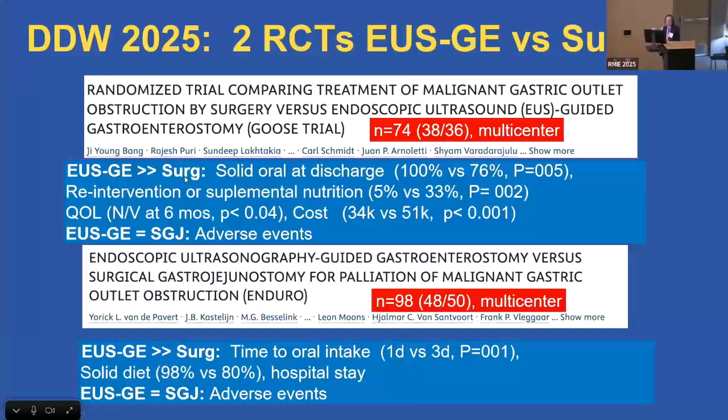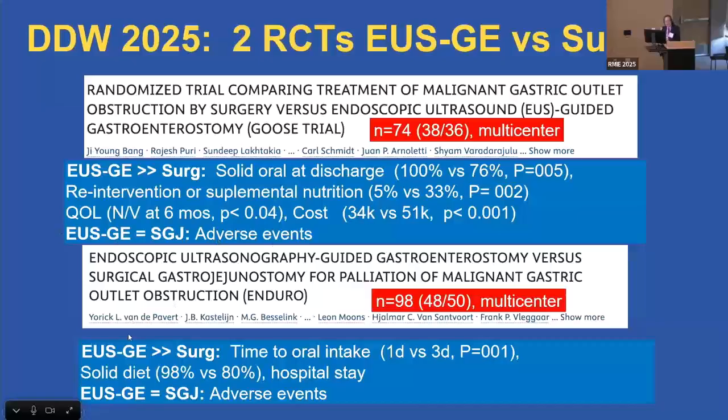EUS-GE was superior to surgery in terms of solid oral intake at the time of discharge, reintervention or need for supplemental nutrition, and quality of life, specifically nausea and vomiting at 6 months, significantly superior in the EUS-GE group. Costs, significant savings, and then equivalency in terms of adverse events.